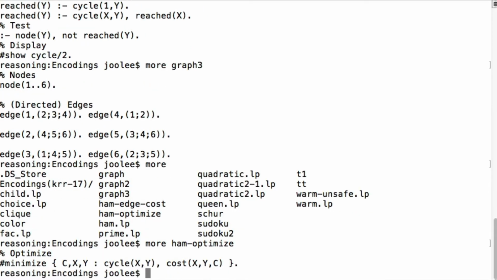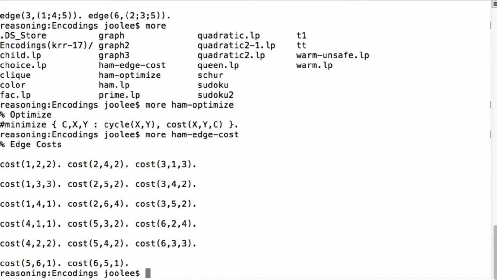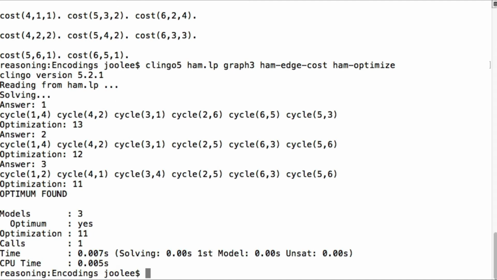This is the optimize statement, and this is the cost. So all I need to do is just give everything: Hamiltonian circuit, graph 3, and edge cost, and optimize. Okay, so the solution is this one.